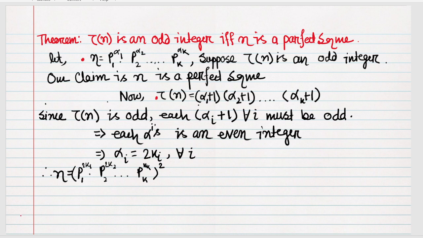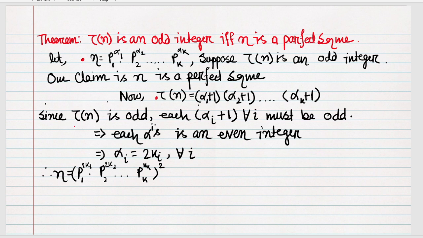Since tau of n is odd, as given in our theorem statement, each factor alpha i plus 1, for all i from 1 to k, must be odd. Obviously each alpha i must then be an even integer.